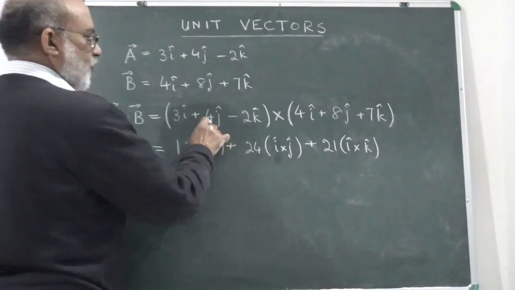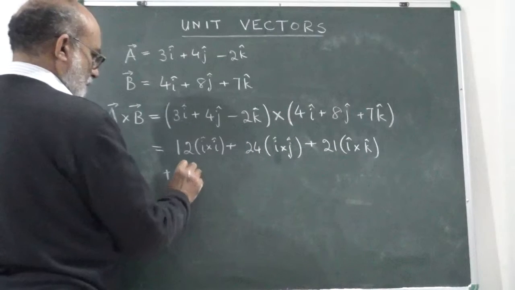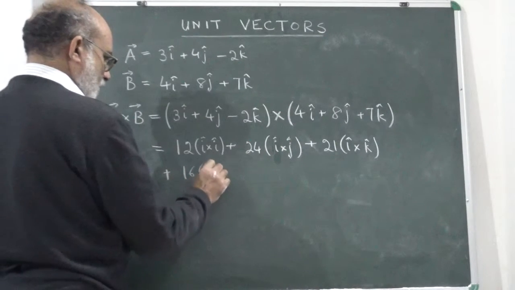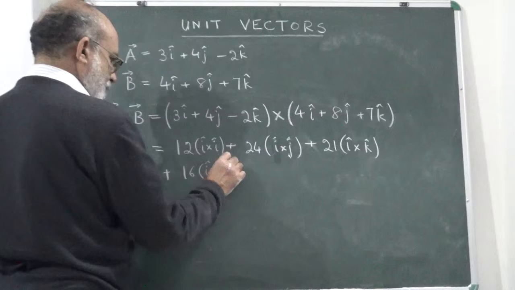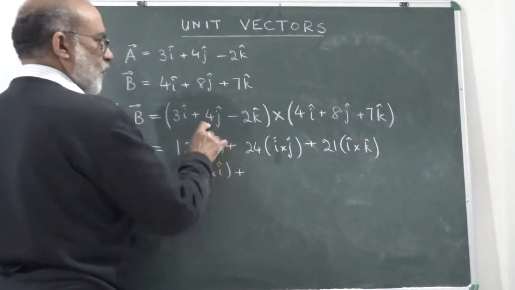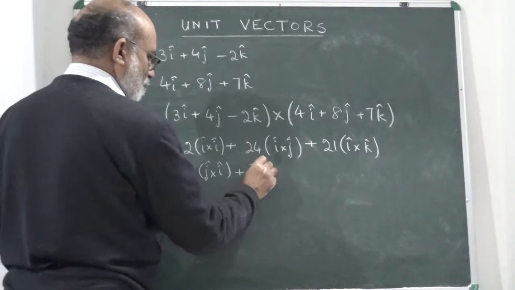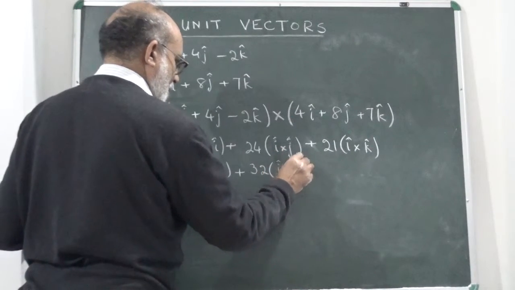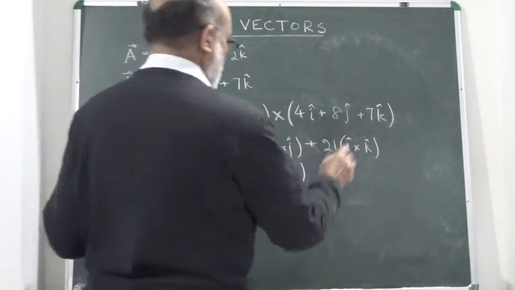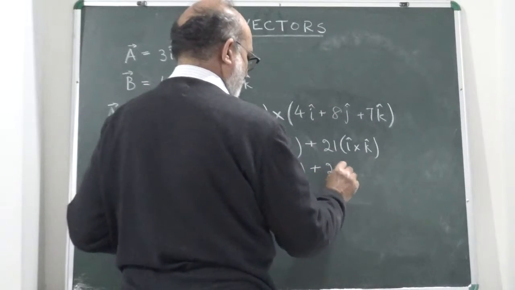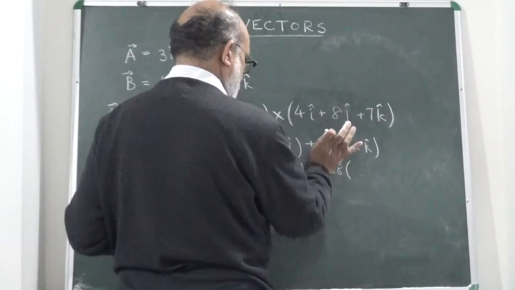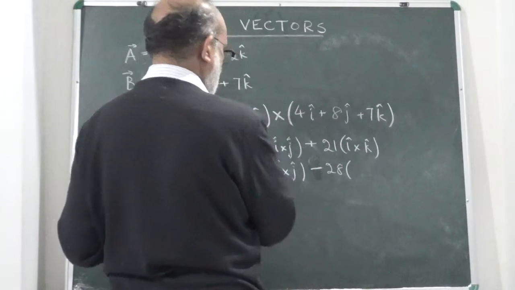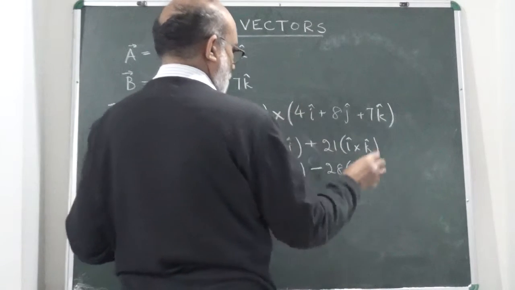Plus 4 fours are 16, j cross i, 4 eights are 32, j cross j, and 4 sevens are 28, j cross k. There's a minus sign here because it's minus here, and k cross.